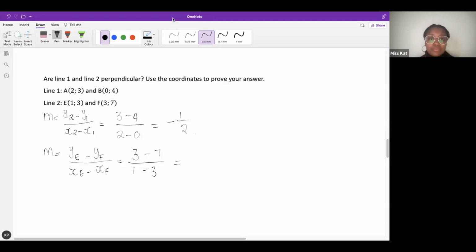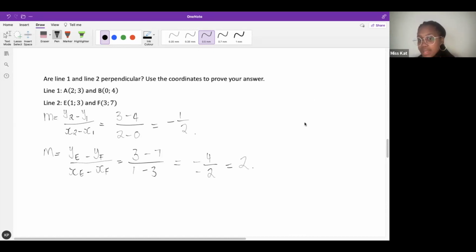Equals negative 4 over -2. What's -4 over -2? It is 2. Yes, it is. +2. Beautiful, Slindile.